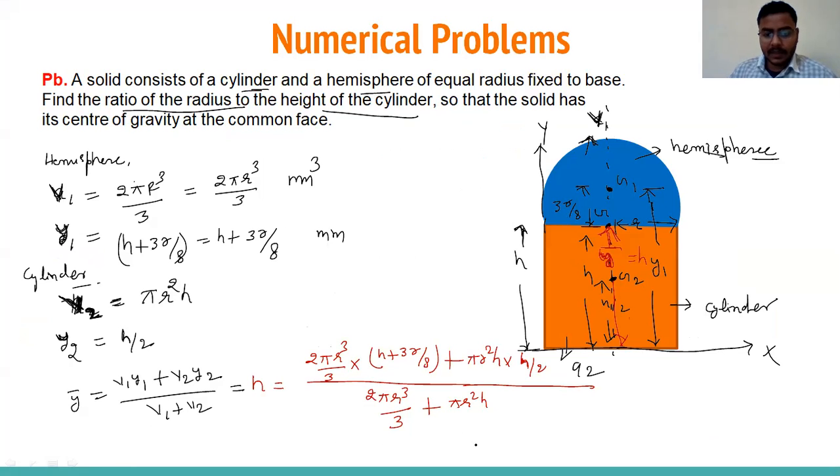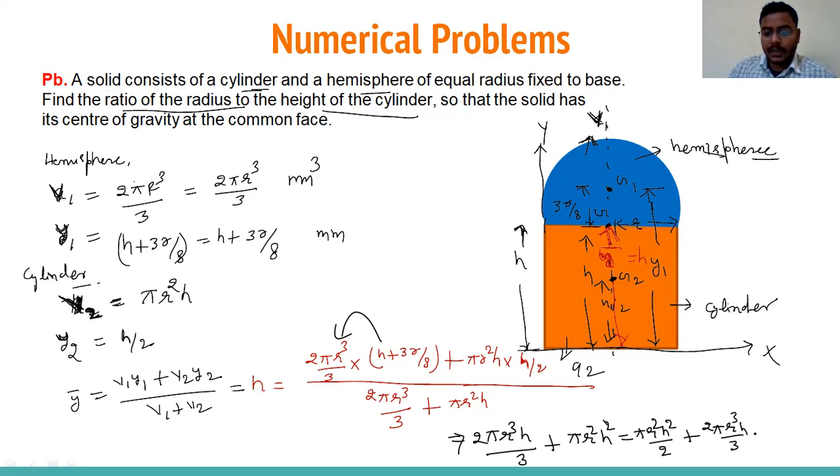So I am multiplying this denominator by h. So we'll get 2 pi r cubed h divided by 3 plus pi r square h square, right? It's equal to, I'm writing this one first, pi r square h square divided by 2 plus, by multiplying h by this one, we'll get 2 pi r cubed h divided by 3.